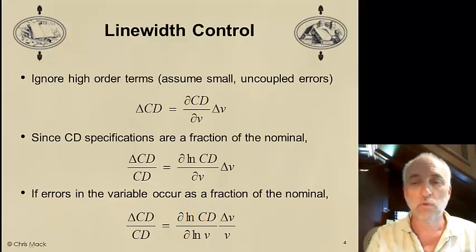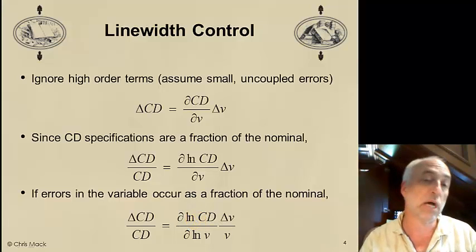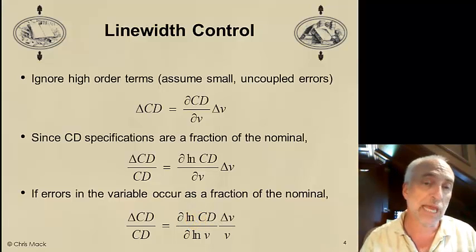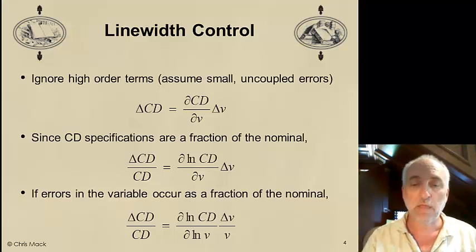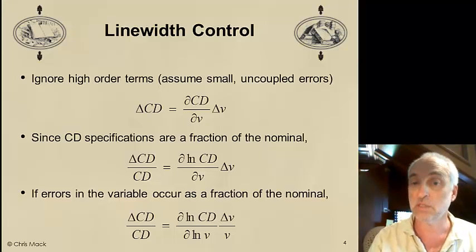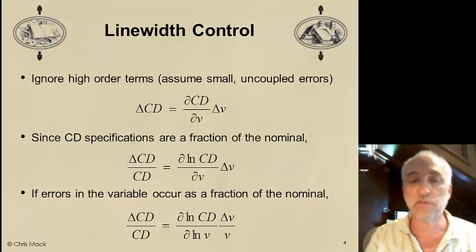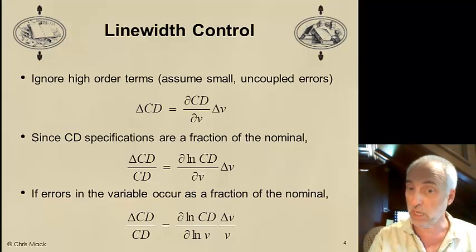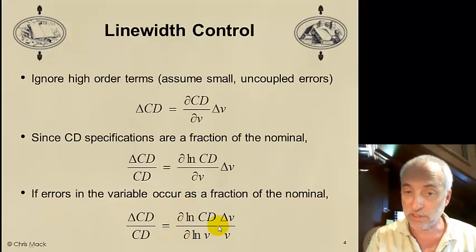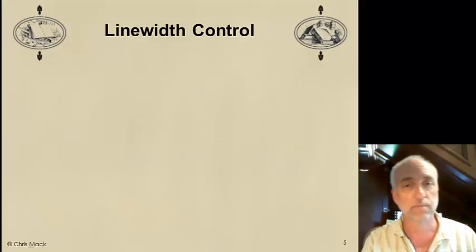So for the case where we care about percent variation in CD, and for the case where errors in our process variable occur as a fraction of the nominal, then the bottom equation is in fact the total differential CD variability equation that's going to be interesting to us. And the process latitude term is going to be something like d log CD, d log variable, the term that's most interesting to us.